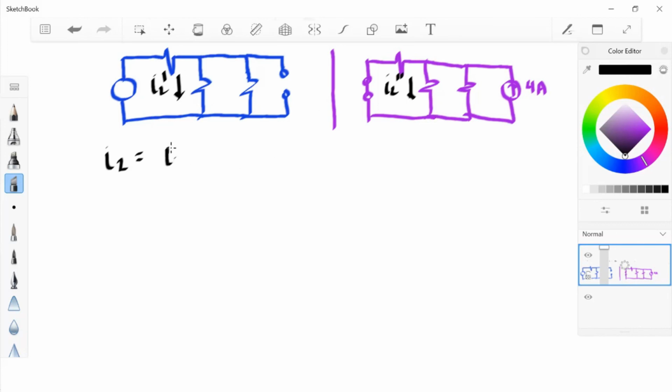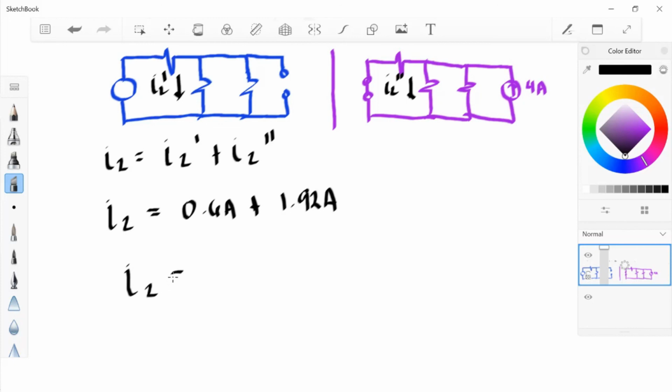Therefore, we must add them algebraically. I2 is I2 prime plus I2 double prime. I2 is 0.6 amp plus 1.92 amp, so the final answer is 2.52 amp.